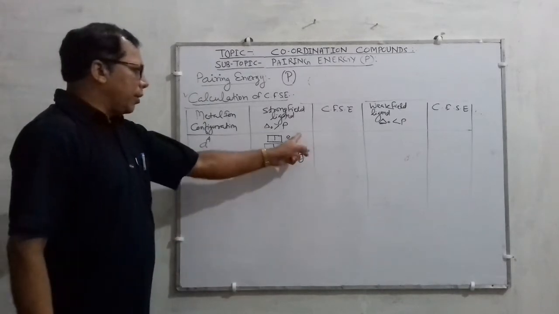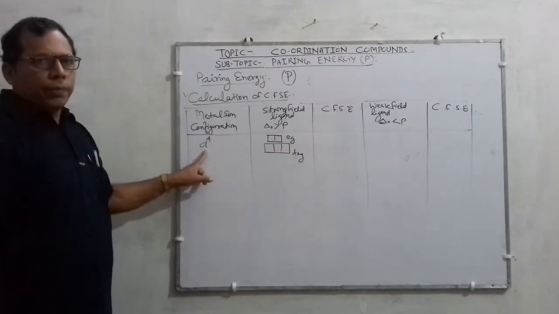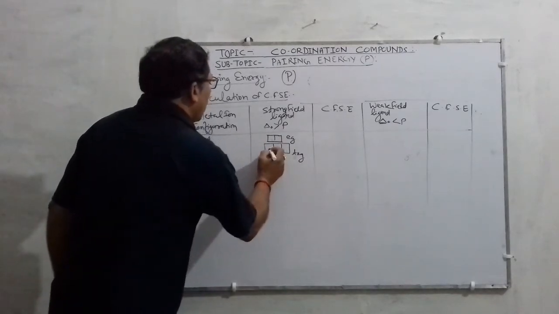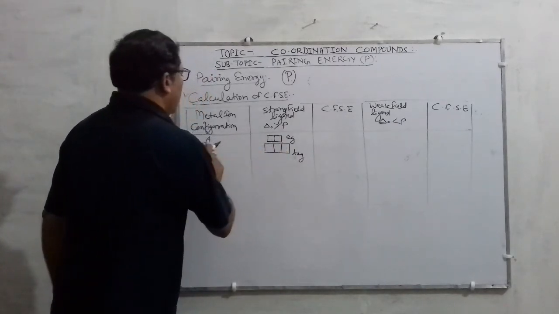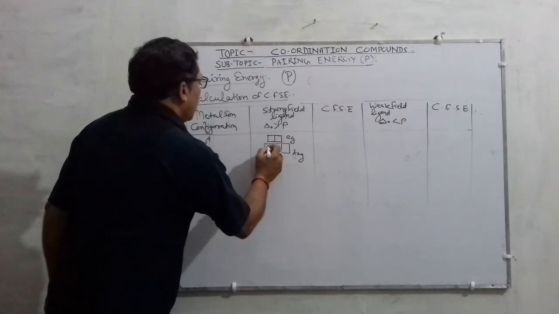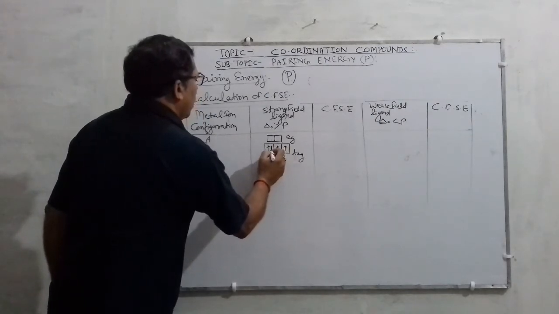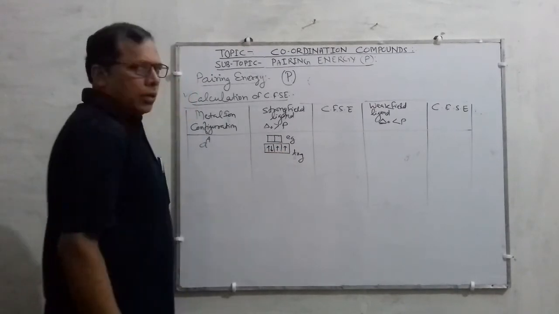Two energy levels are t2g and eg, and electrons are filled here according to Hund's rule. So the electrons will go like this: one here, and this one, and this one, and the fourth electron will be here.